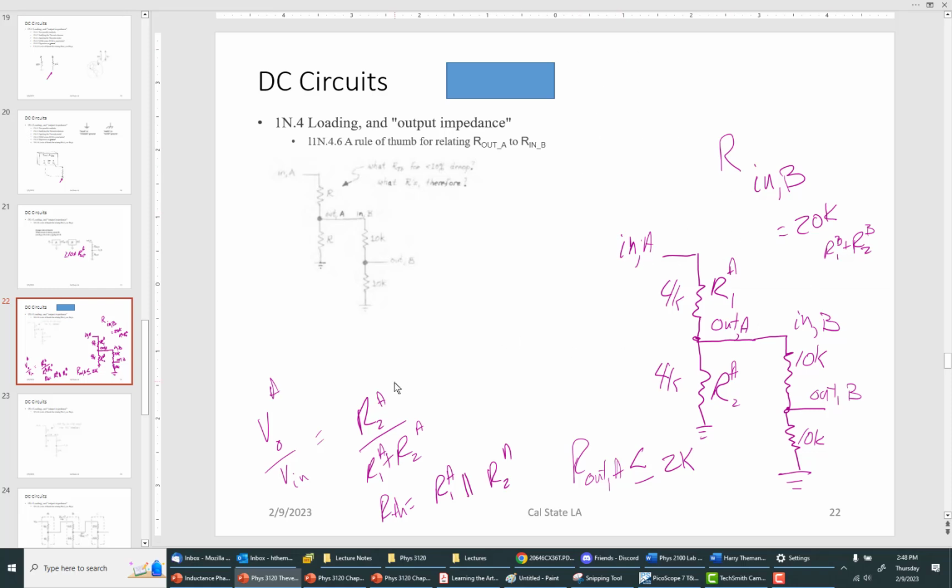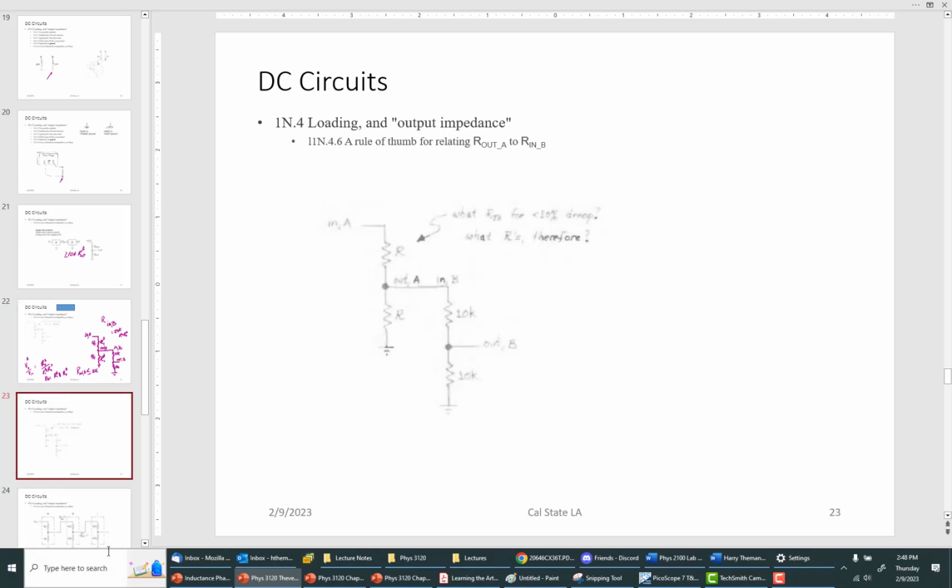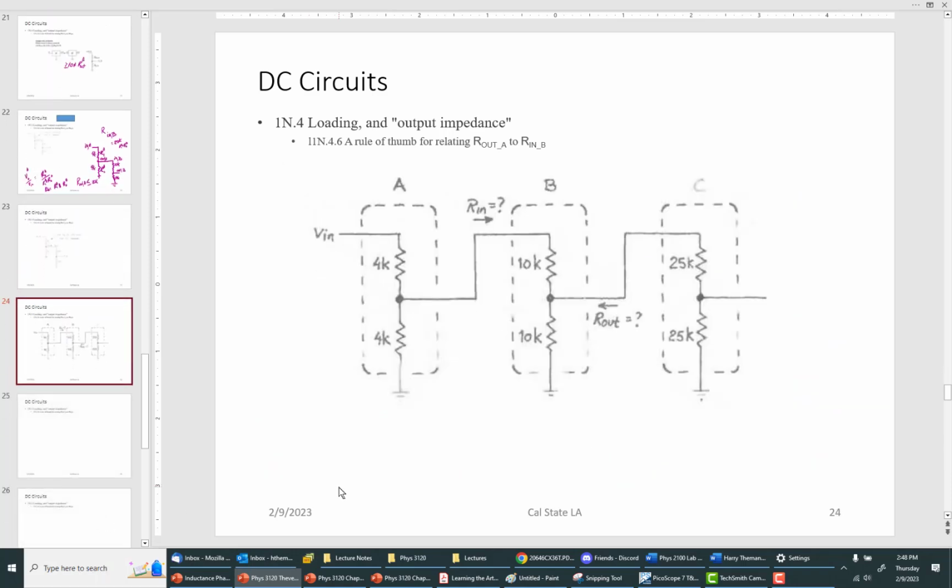Okay. And let's see here. So he does a calculation in the book, and some of us might have been saying, "Well, crap.